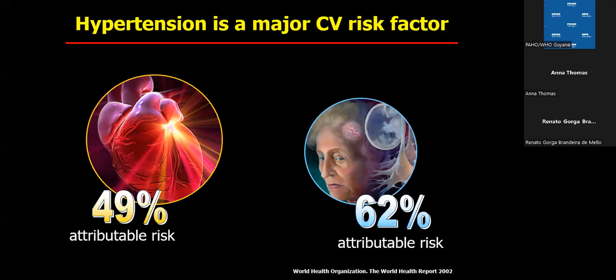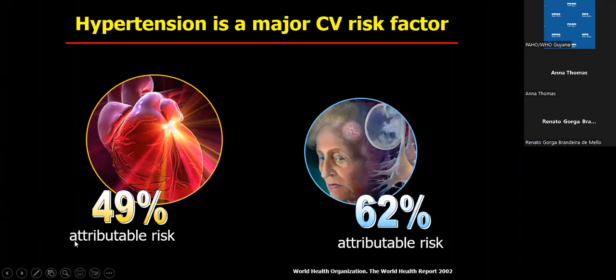So, regardless of age, hypertension is a significant cardiovascular risk factor. 49% of all acute myocardial infarctions occur because hypertension exists.